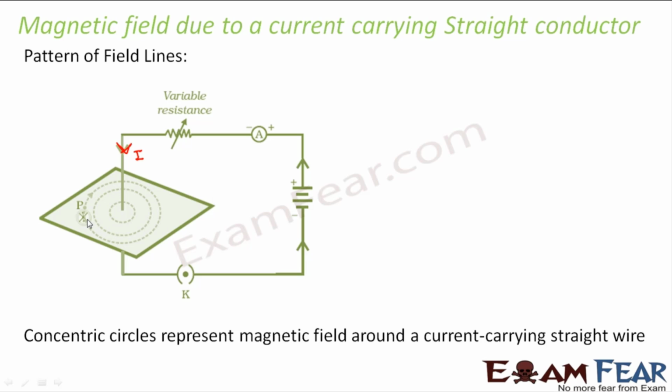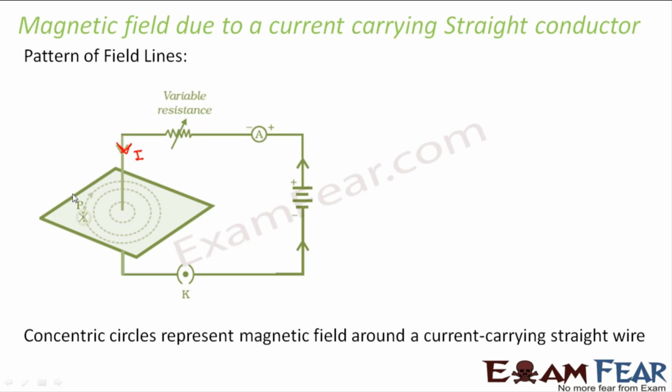A lot of iron filings was again taken and put over this cardboard. So what happened? The iron filings again arranged themselves in a specific pattern, in a pattern of concentric circles. In order to determine the pattern of magnetic field lines, every time this experiment is performed, you place the magnet and then you put the iron filings.